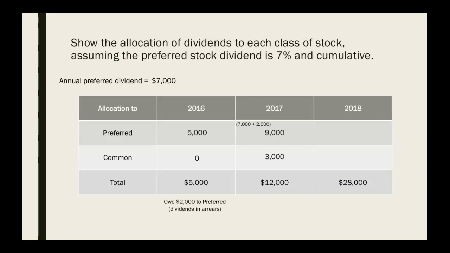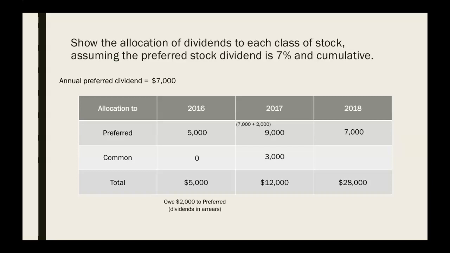Well, here they just get their $7,000. They weren't owed anything extra, right? We didn't owe them anything from previous years anymore. And so we just pay them the $7,000 that's decided by taking the number of shares times the par value times our percentage.